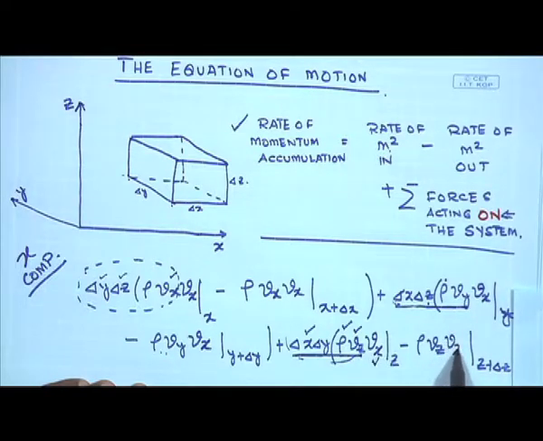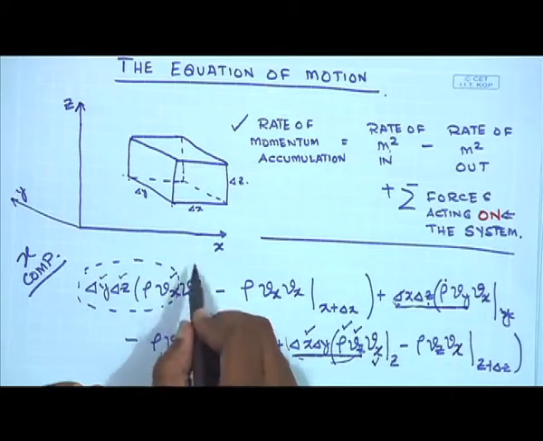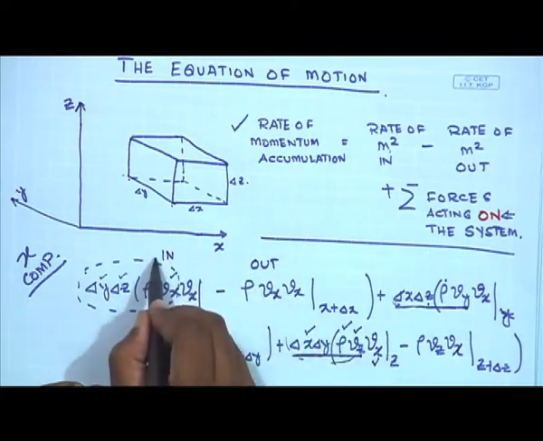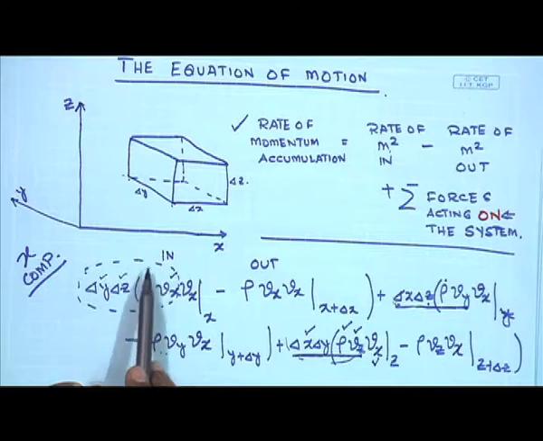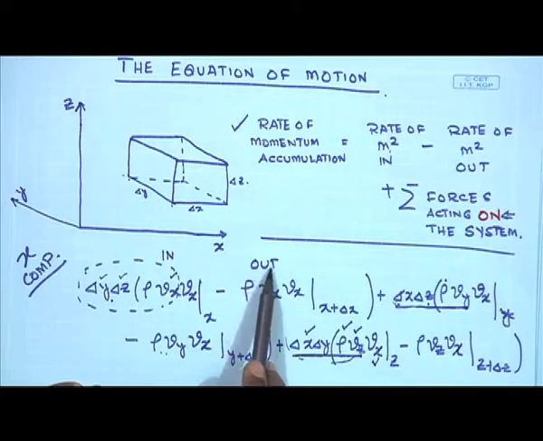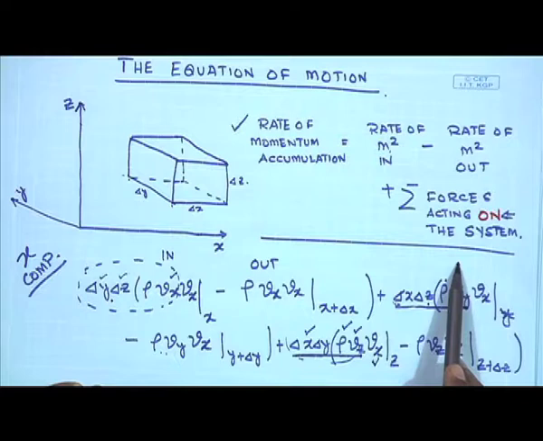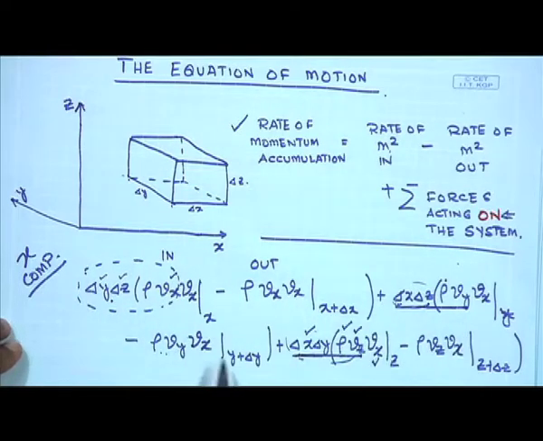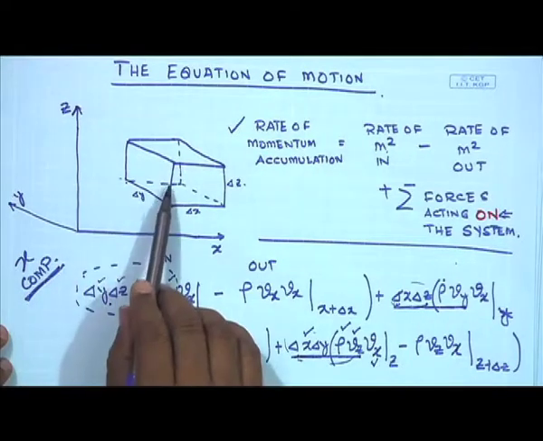Similarly, this is to be multiplied by Vx and evaluated at z plus delta z. So these are all x momentum: in through x phase, out through x phase, in through y phase, out through y phase, in through z phase, out through z phase. These 6 terms tell us the x component contribution of momentum to the control volume.